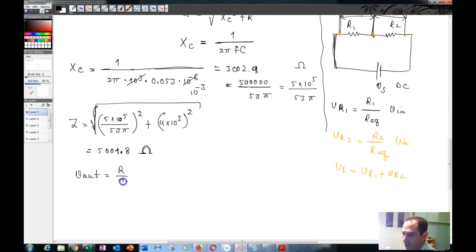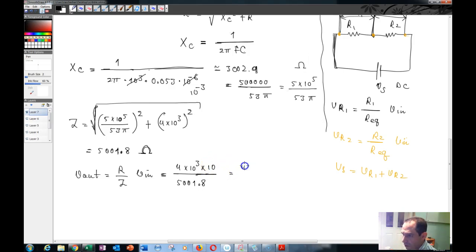R was 4 kilo ohm, 4 into 10 raised to the power 3 ohm, over Z was 5001.8 times V of in, and V of in was 10 volts peak to peak. So I multiplied times 10.